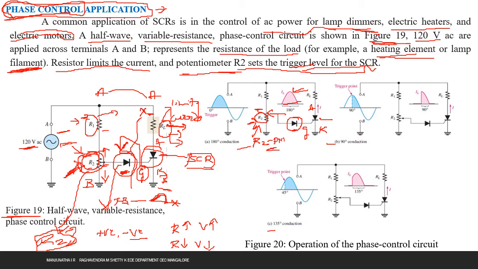is 0. So now this diode is going to fully conduct for the full positive half cycle, which is why we are getting the full positive half cycle.